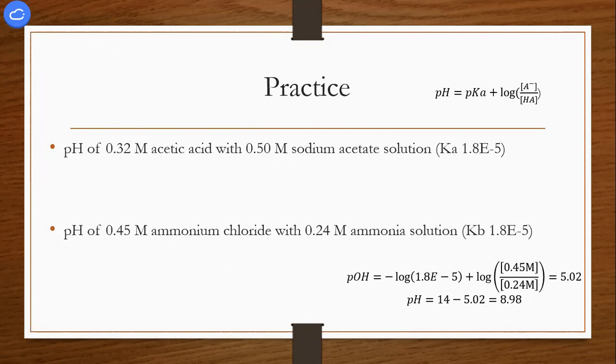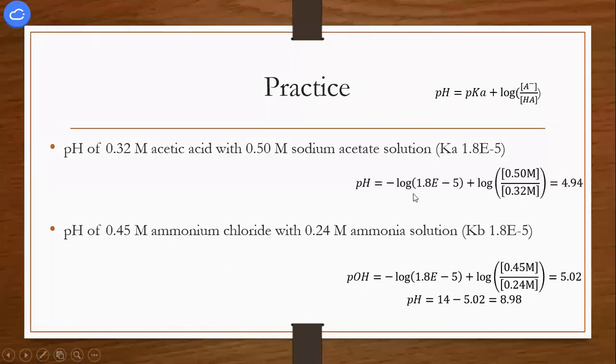So the pKa plus this 0.19 is going to give us our pH. This is slightly above the pKa. So it's 4.93 is our pH of this buffer. 4.93, 4.94, depending on how you round it.